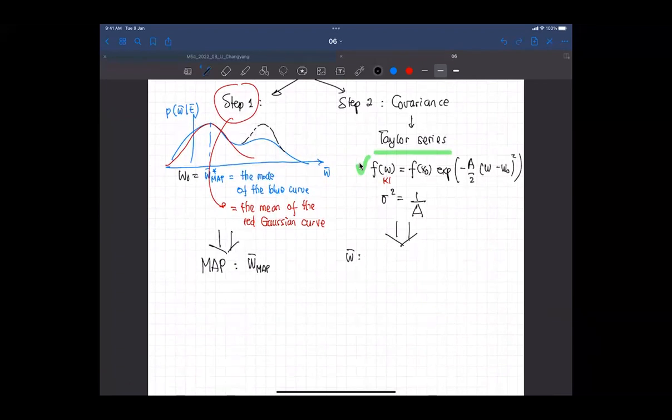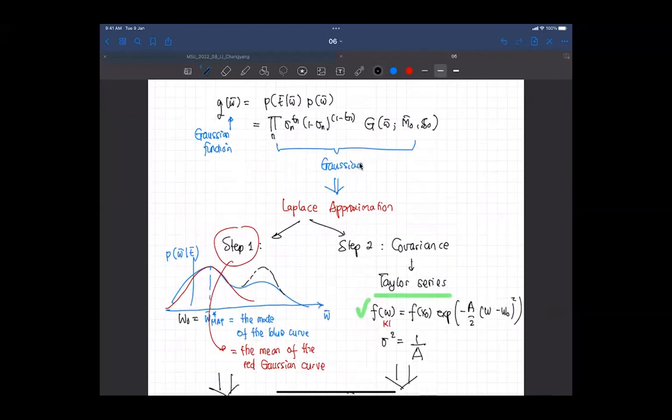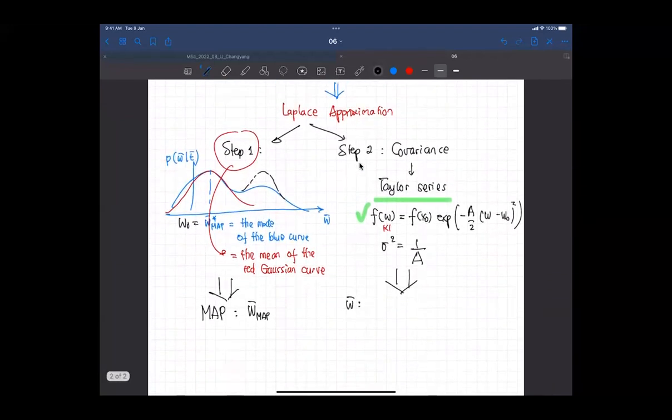our equation becomes f of W vector equals, it's basically the same as this one, but I expand it to a vector. Instead of a scalar, I use a vector for the function.